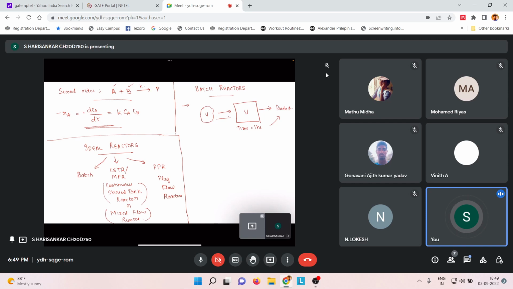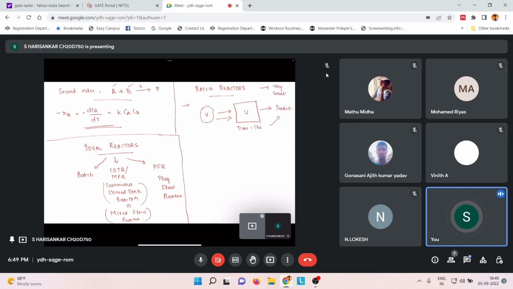This is called a batch operation. Usually on an industrial scale, batch operation is not preferred because it is less efficient. You put some amount of reactant and you have to wait for 1 hour to process the next set of reactants, and that is not economically feasible, and the production rate will be very small.